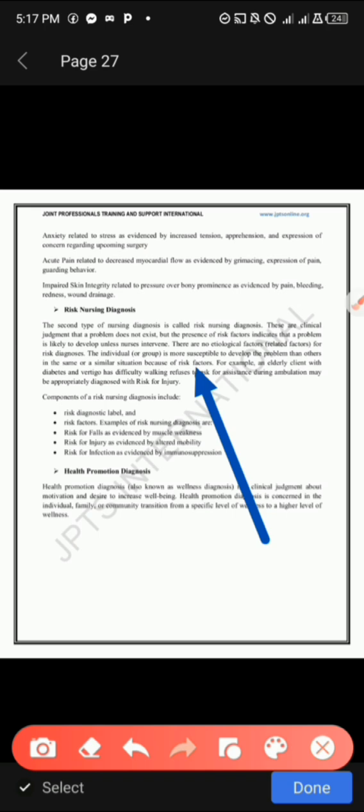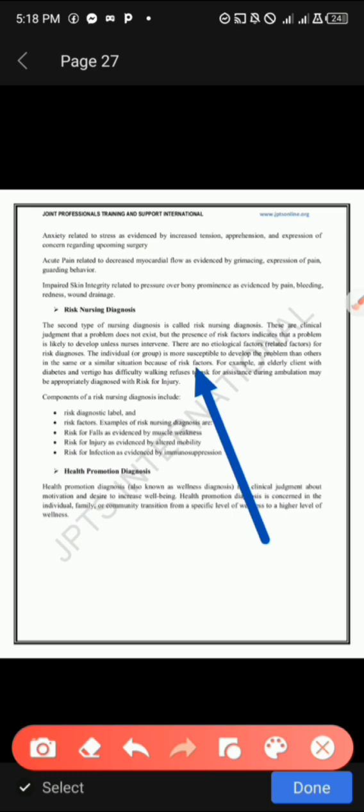The individual or group is more susceptible to develop the problem than others in the same or a similar situation because of risk factors. Example: an elderly client with diabetes who has difficulty walking and refuses to ask for assistance during ambulation may be appropriately diagnosed with risk for injury.